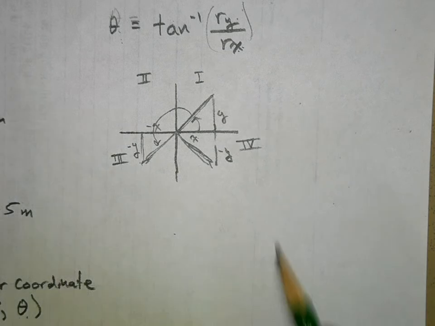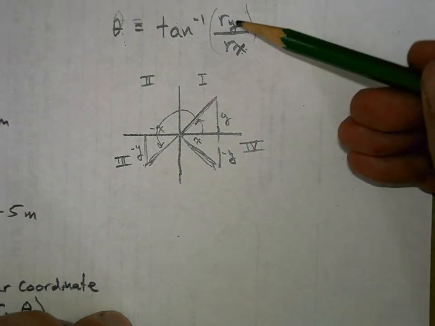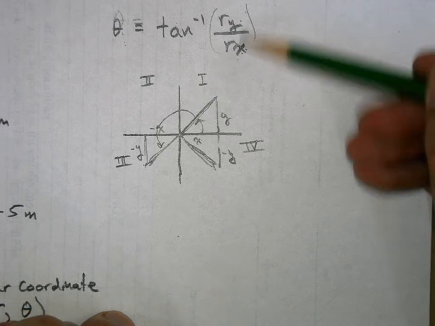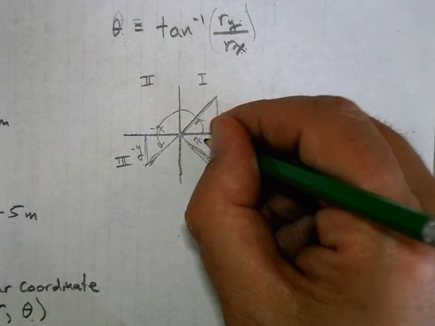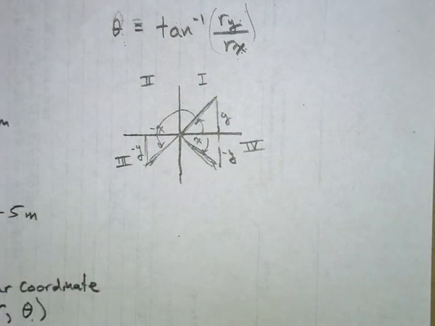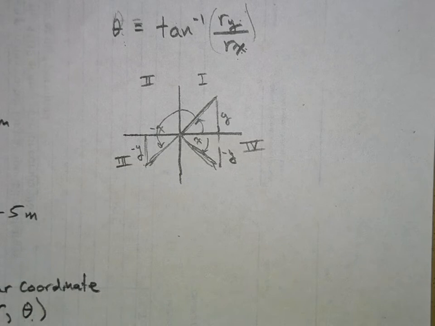Your calculator can handle that. Most of you have calculators that will give you the negative angle, like negative 30 degrees or something. And that's great. You can write it that way, or you could add that negative angle to 360 and get the positive version of that angle. I don't care.